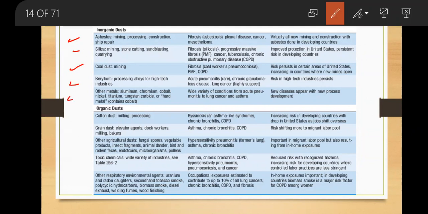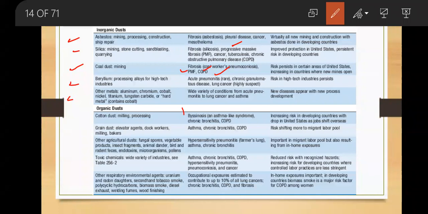So the respiratory manifestations of asbestos exposure are fibrosis, pleural disease, and cancer. Asbestos causes mesothelioma. Silica causes progressive massive fibrosis, silicosis, cancer, increased risk of tuberculosis because it inhibits neutrophils, chronic obstructive pulmonary disease, and coal dust causes fibrosis, progressive massive fibrosis, and COPD.